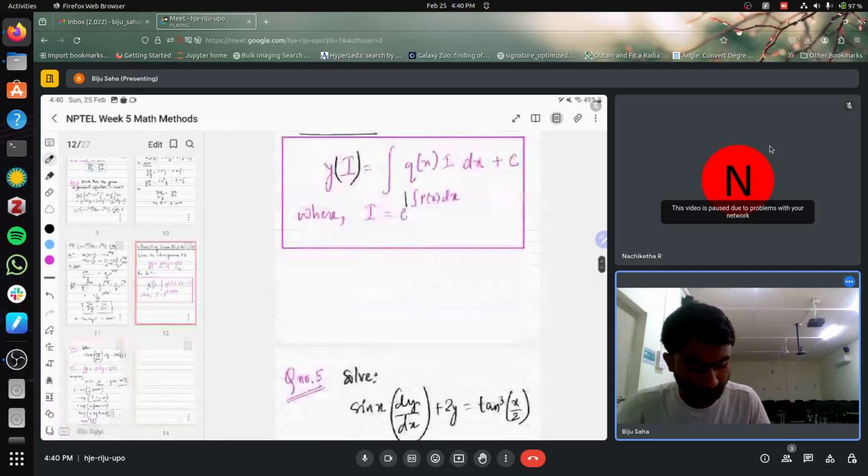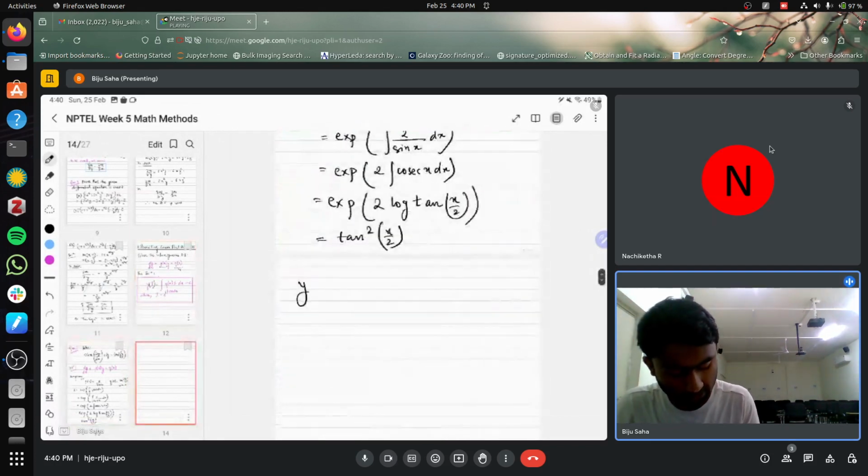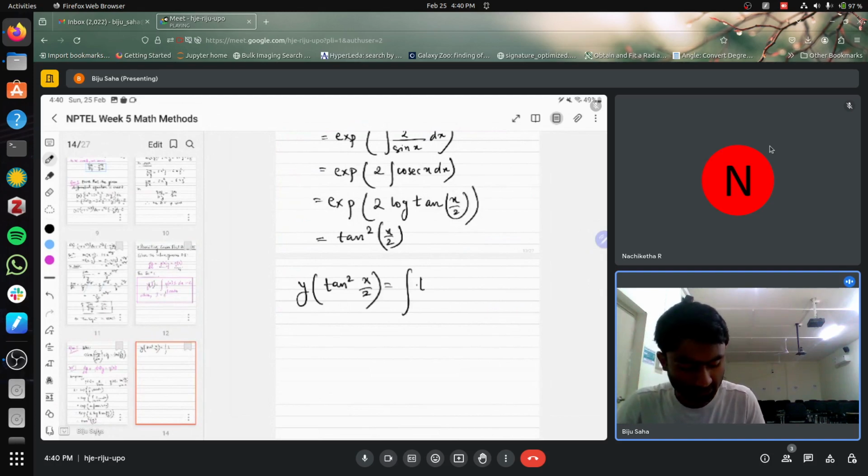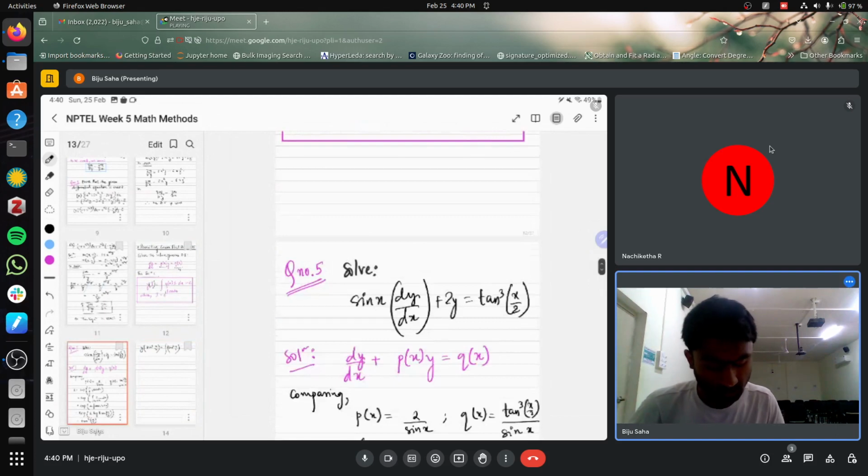Now let us write it. Tan squared x by 2 times y is equal to the integration of tan squared x by 2, then you have Q(x).